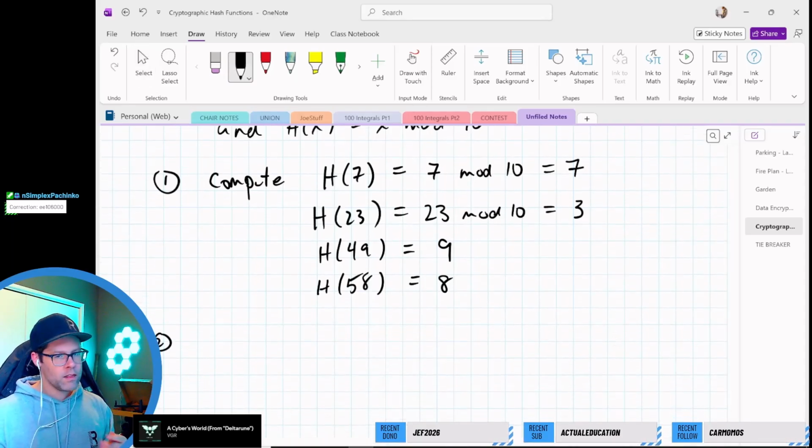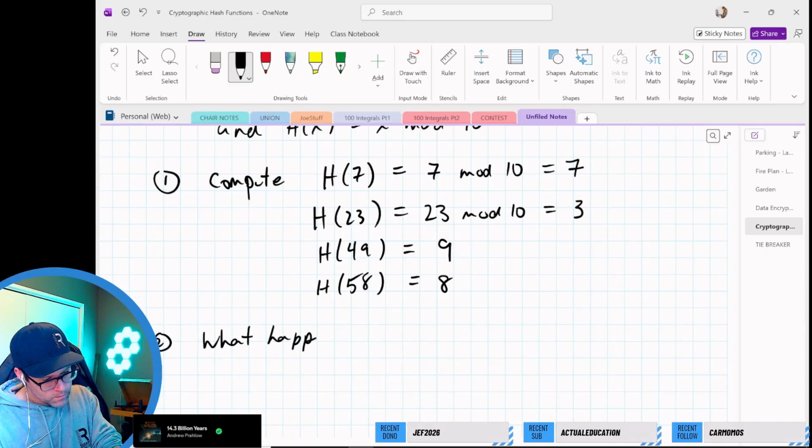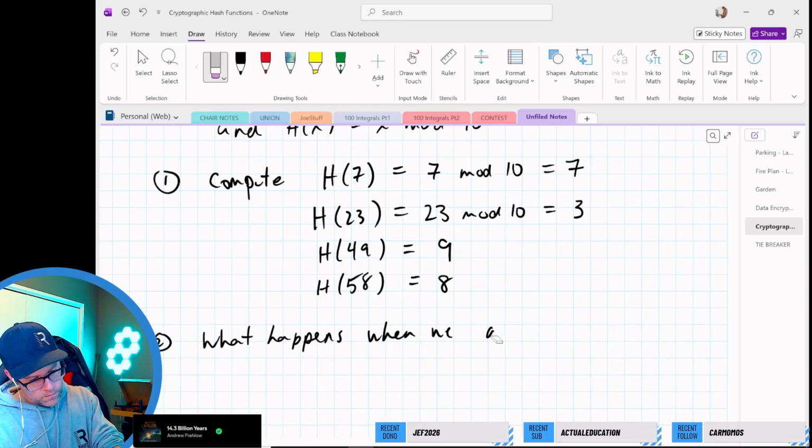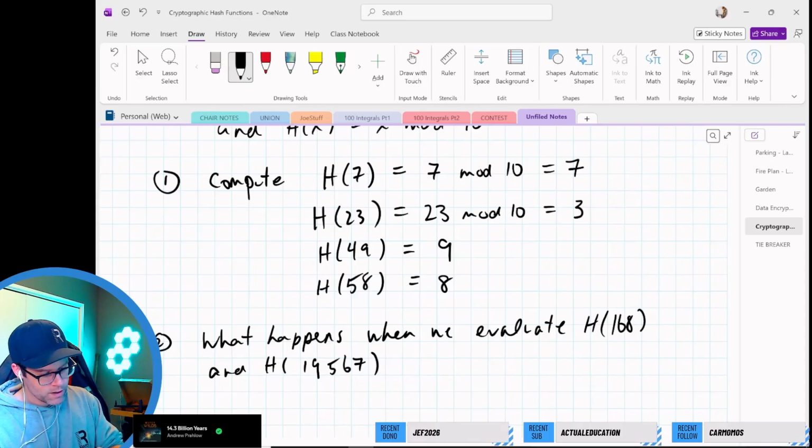Now, is this map going to satisfy all of the properties we need it to be a hash function? Well, the answer is no, because it's pretty easy for us to find a collision. So I've picked 168 and 19,567 for some reason.